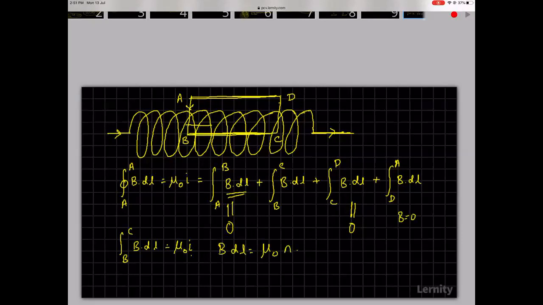So N dl into I. So the dl here gets cancelled, and I get B is equal to μ0 N I. So B is equal to μ0 into N into I. Okay, so this is how you find out.